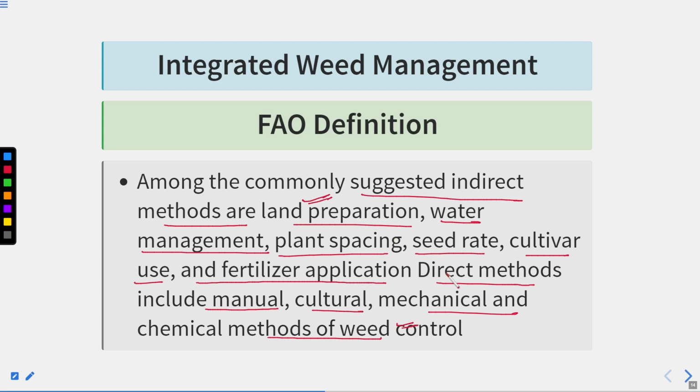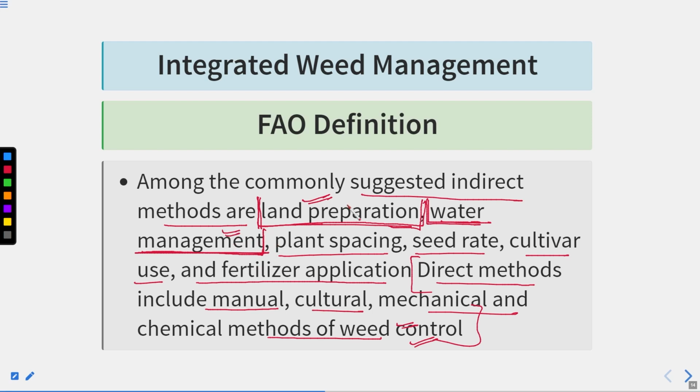So we are not only following the weed control methods, but we are also suggested to have some indirect methods, such as land preparation. We follow whatever instructions are given for land preparation. Water management, there should be proper water management, right? As we are having an eye on our economic wealth also.